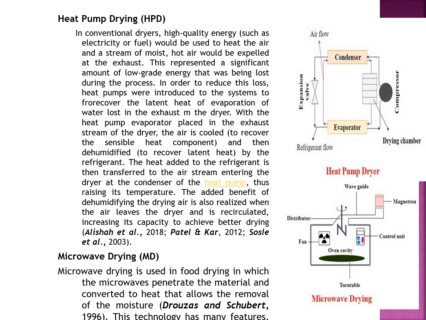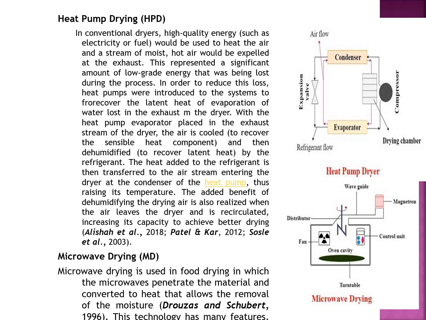This is the heat pump drying. As we know, in the conventional dryers, high quality energy such as electricity and fuel is used, which represents a significant amount of low-grade energy that was being lost during this process. In order to reduce this loss, heat pumps were introduced to the system to recover the latent heat of evaporation of water lost in the exhaust.